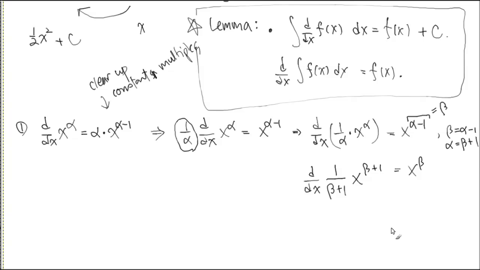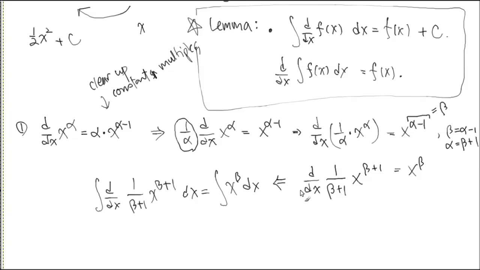Now, this is only the derivative rule written a slightly different way, correct? Now, if you hit integral, a nice thing happens. So I'm going this way. Integral of d dx of 1 over beta plus 1, x to the beta plus 1, dx. I hit this indefinite integral operator to the left-hand side, and you do the same thing to the right-hand side. Then the right-hand side looks like some formula that we wanted to know.